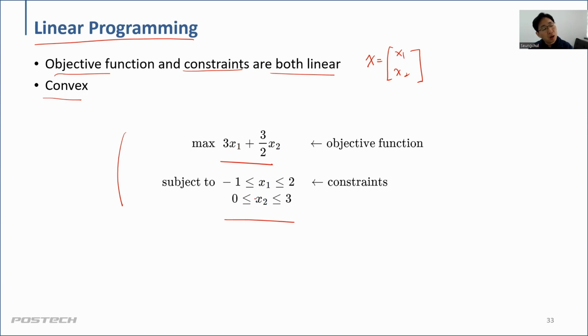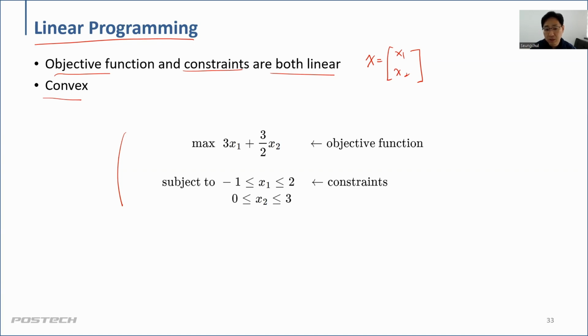What do you think? How do you solve it? Here it is a maximization problem, but again, I mentioned that minimization and maximization are pretty much the same. The only difference is putting a minus sign on it, so it doesn't matter. So let me ask, how do you solve this linear programming problem?